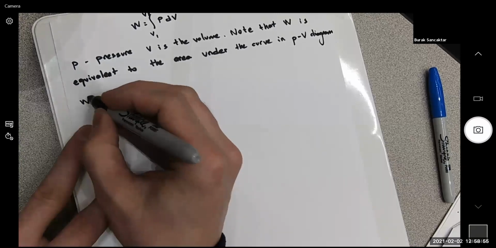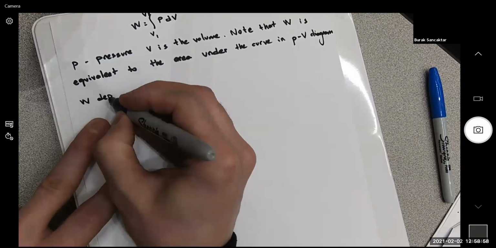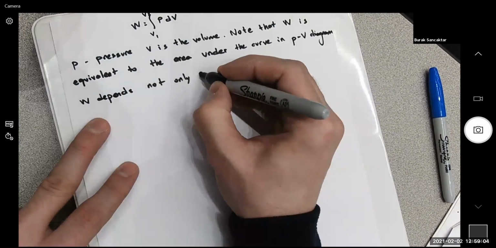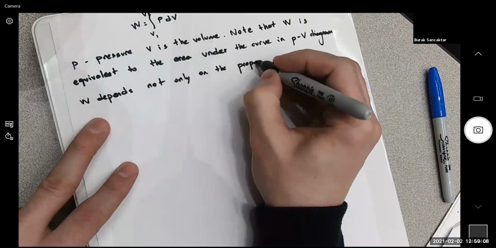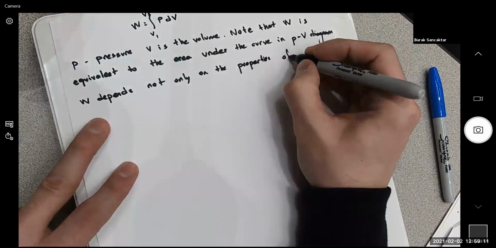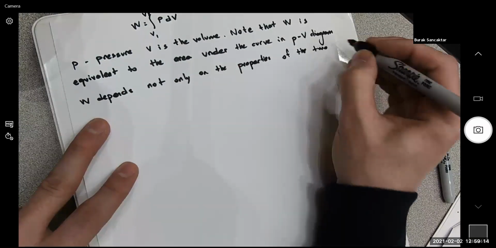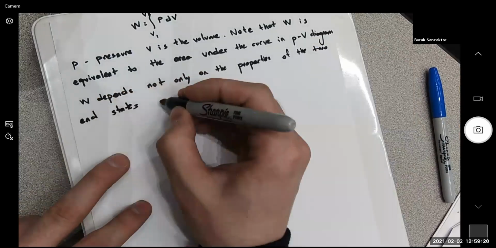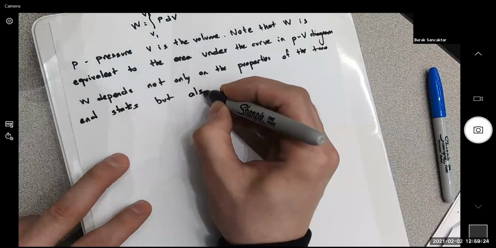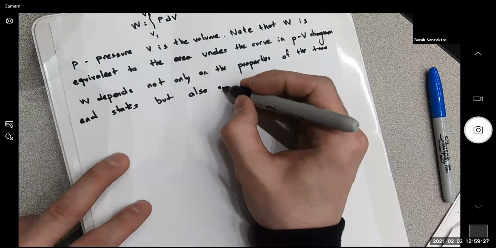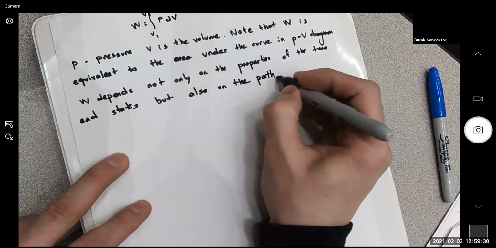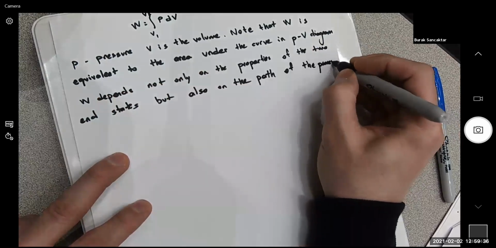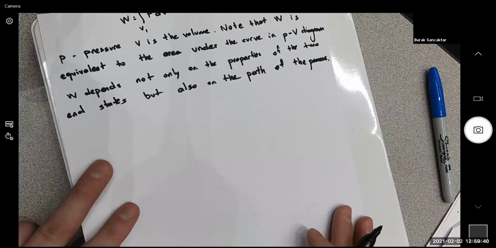So work depends not only on the properties of the two states, but also on the path of the process.